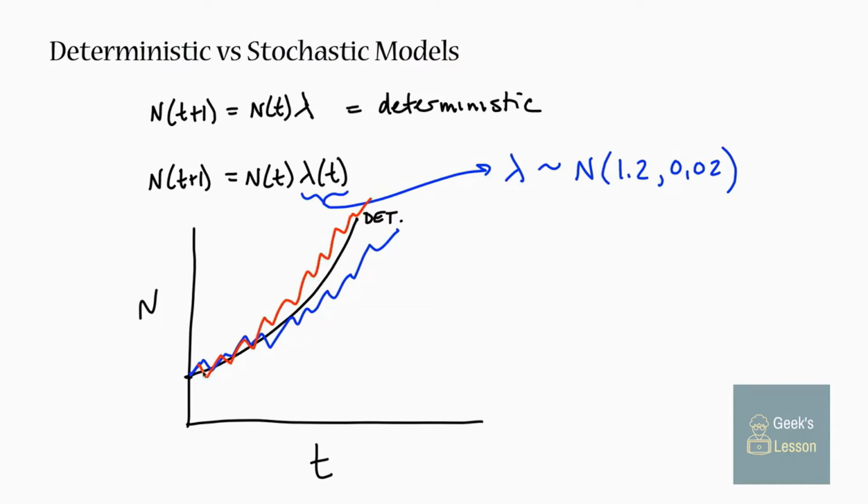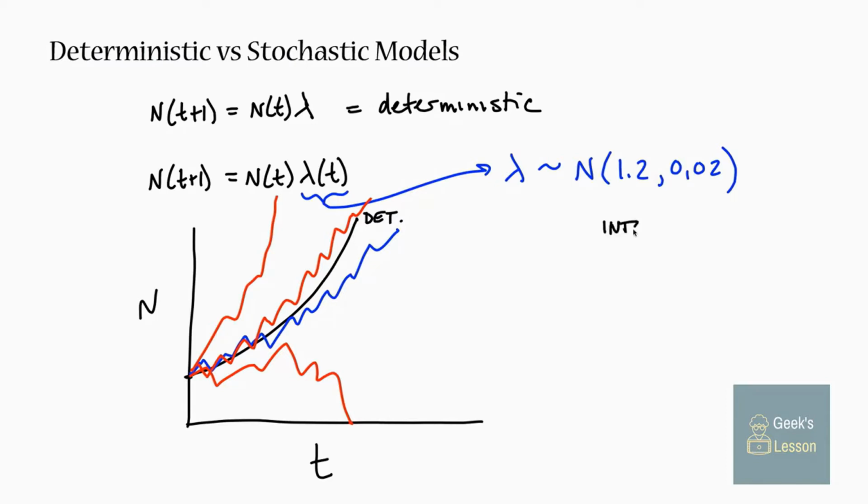But in any stochastic model, even if the variance is small, it's always possible for weird things to happen, like population extinction. You just might get a bad run. Or you might get a huge population explosion. A fairly unlikely event, but still possible. So stochastic models let us ask all kinds of interesting questions about our system that deterministic models don't allow.